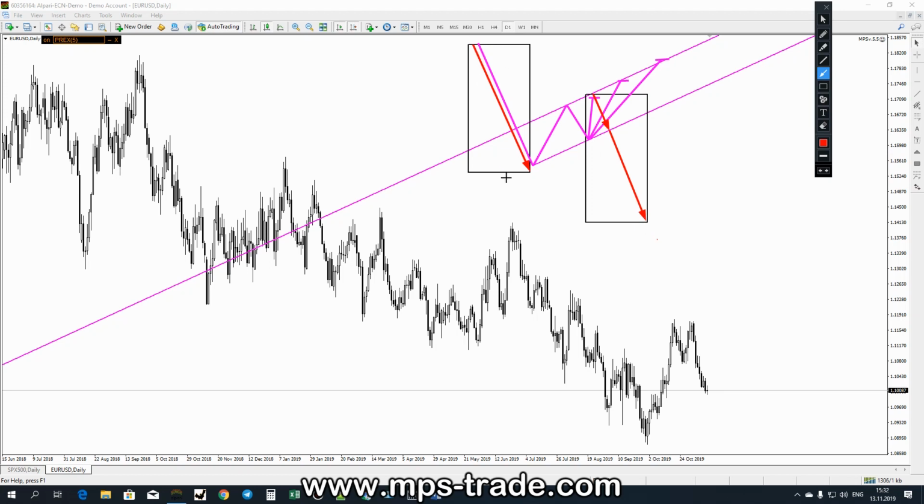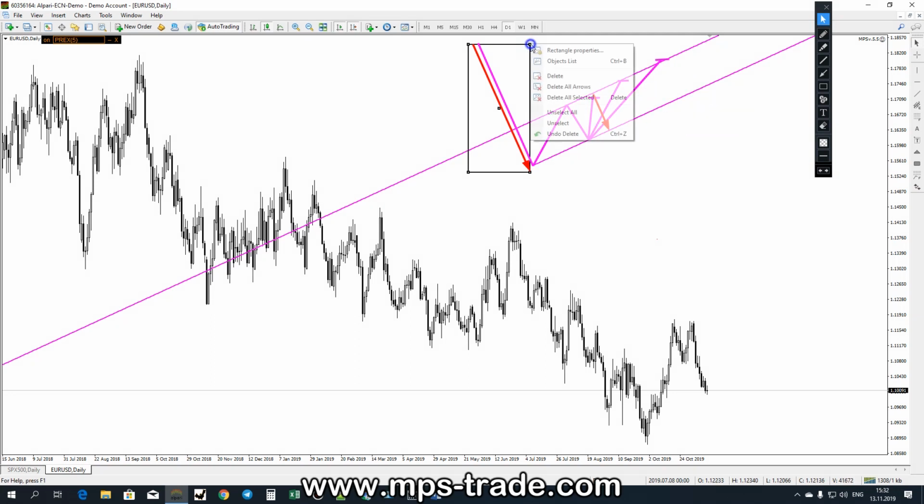This will be equal to your XA leg, and the initial one will be equal to your BC leg. So if you measure the range of your BC leg like this, and project it here, this first movement will be equal to your BC movement.